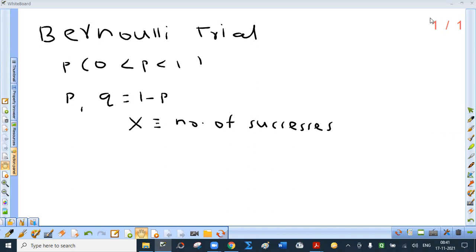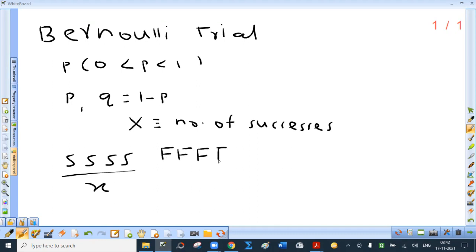So what will be the number of failures? Number of failures will be n minus X. Let one particular sequence be X consecutive successes followed by n minus X failures. So let me explain. Success, success, success, X times, followed by, see, number of trials is n, right? So if number of successes is X, what will be the number of failures? It will be n minus X.